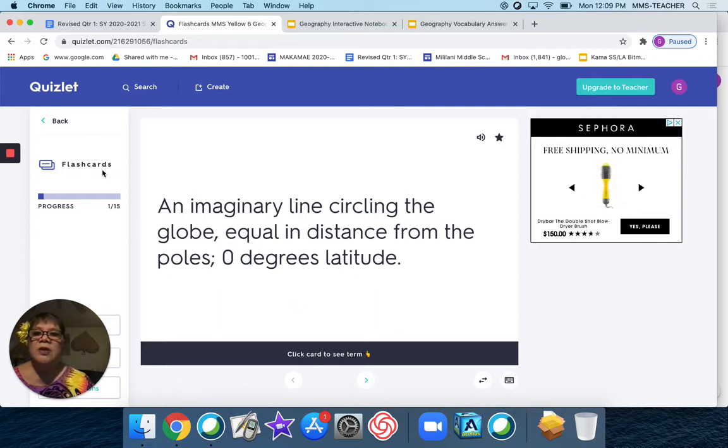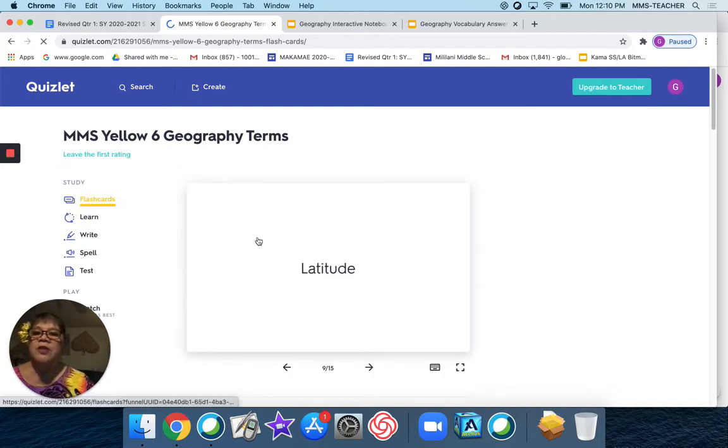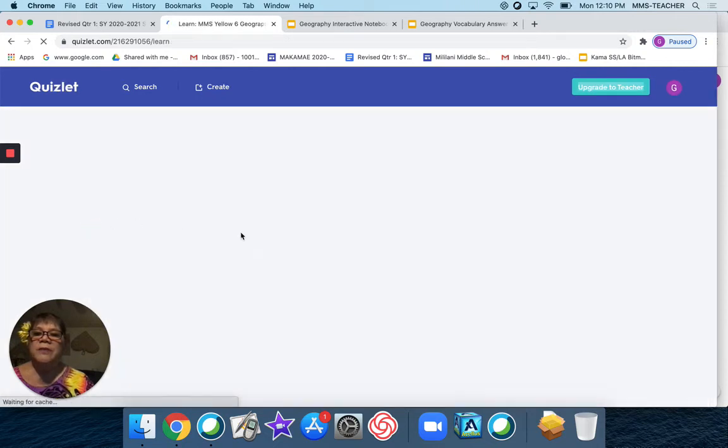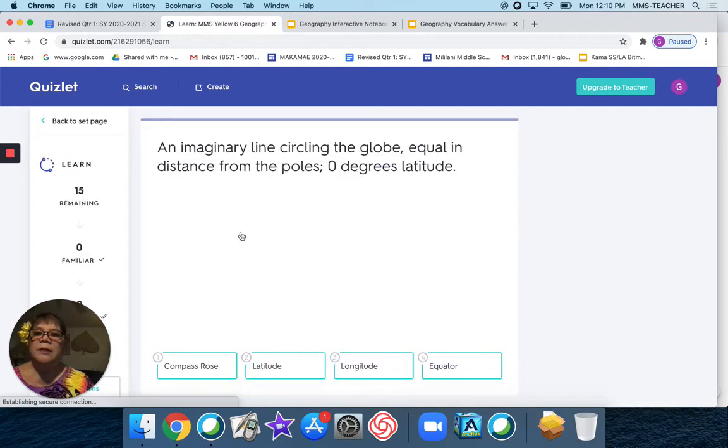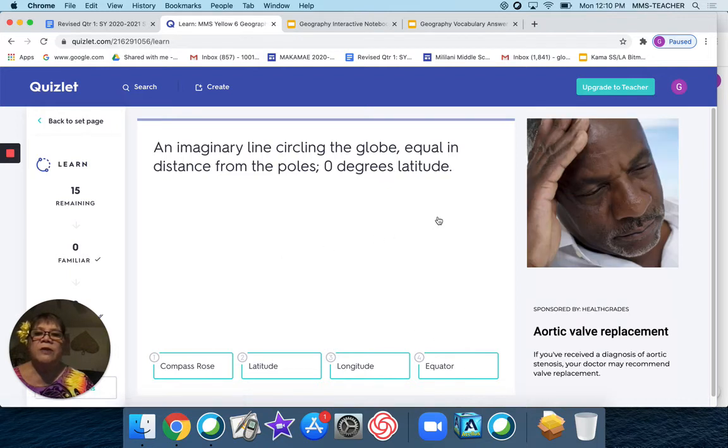So I want you to practice the flashcards first. When you keep doing the flashcards and you go over it, and you feel that you've learned it, then go through Learn. Next section is Learn. In Learn, you're going to read this statement and then you're going to click on what you feel it is.